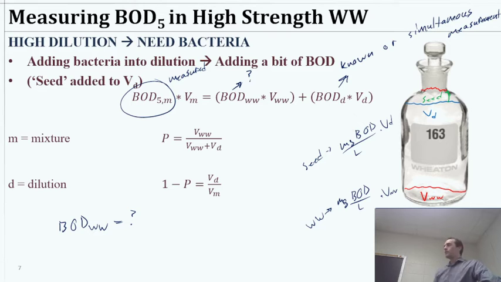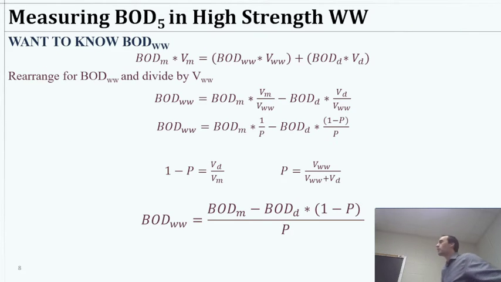And of course, we could just take that and derive it ourselves algebraically. I think it'll be a little more convenient to just put up what the book does and walk us through that. Okay, so the first thing we can do is divide everything by the volume of wastewater.